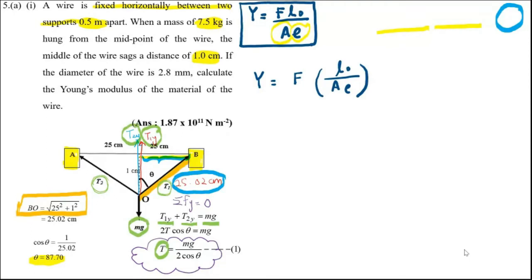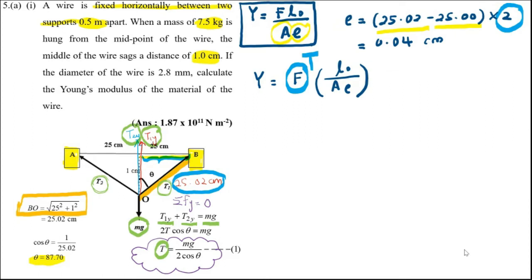And then we're going to substitute the values by using the formula of Young modulus, where this F can be substituted with tension. Okay, where is the tension? Tension is here.